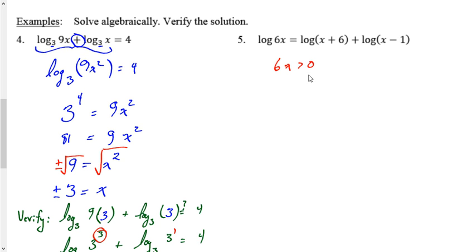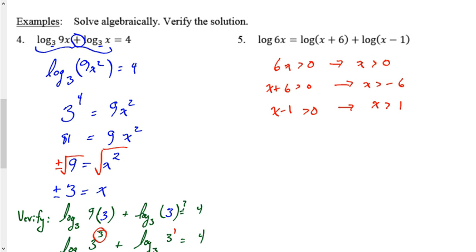All right, I can't take the logarithm of a negative, which means that x has to be greater than 0. From the second logarithm, x plus 6 has to be greater than 0, which means that x has to be greater than negative 6. And from my third expression, I have the x minus 1. That has to be greater than 0, which means x has to be greater than positive 1.